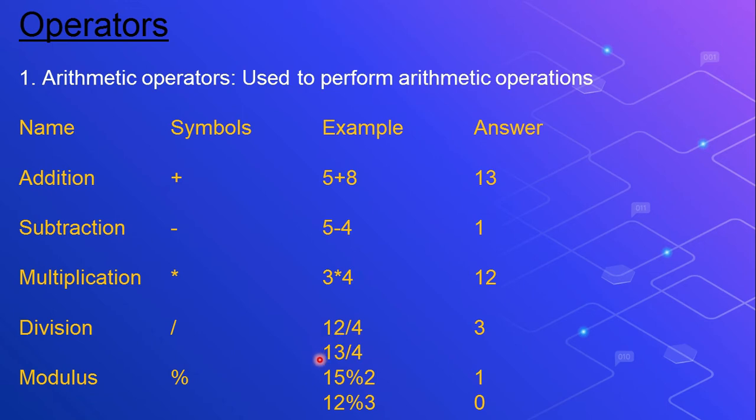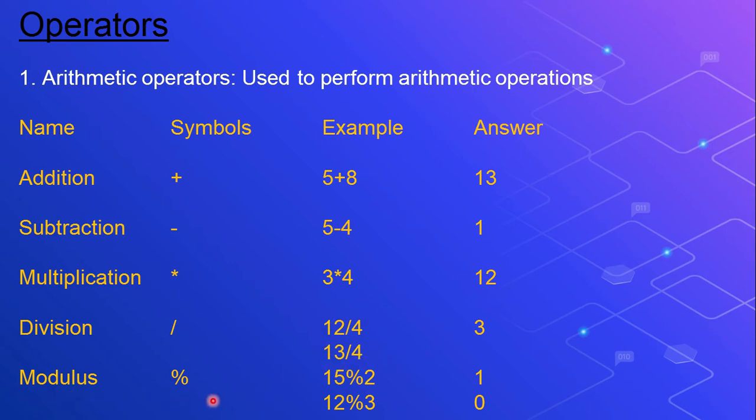That is why integer division will take place and you will get 3 only, not 3 point something. So this has to be noted specially. When we write numbers normally, those numbers will be considered as integers, that means whole numbers. So operations related to whole numbers only will be done.